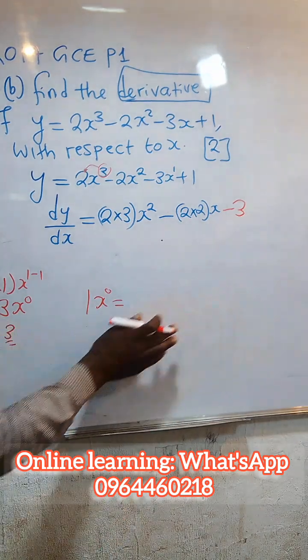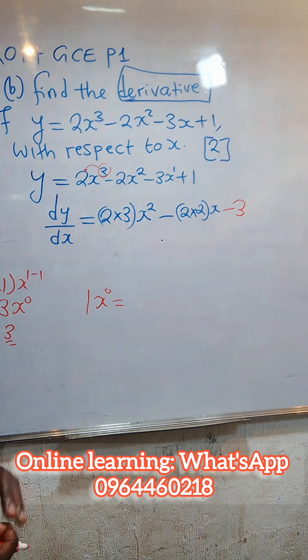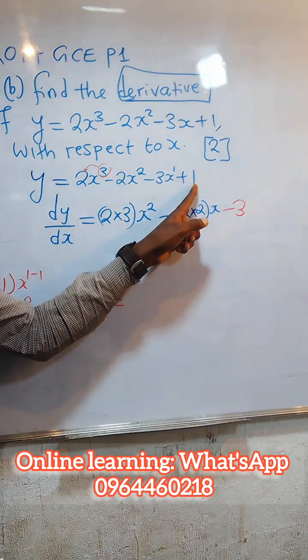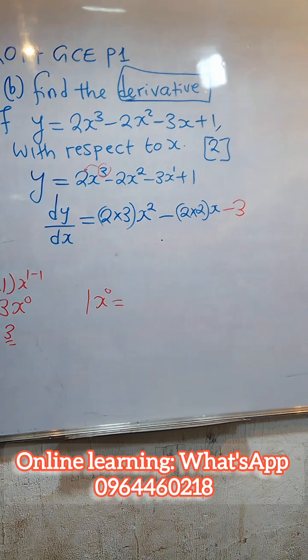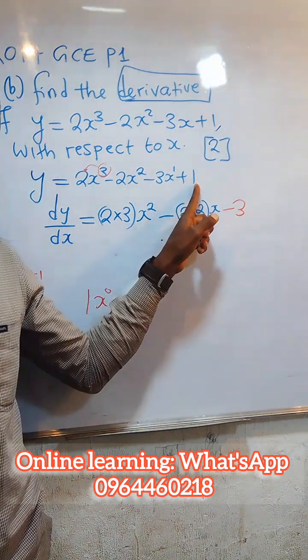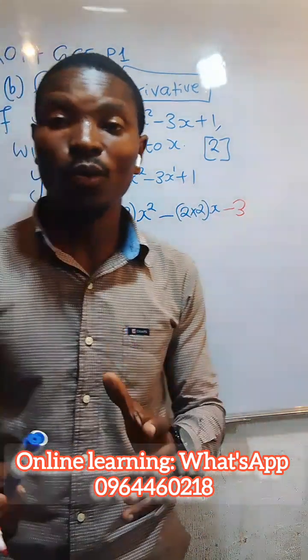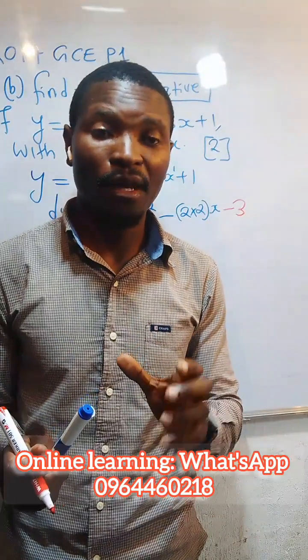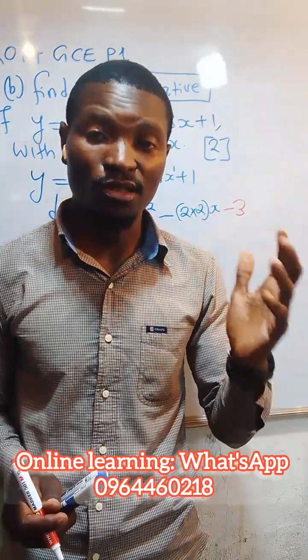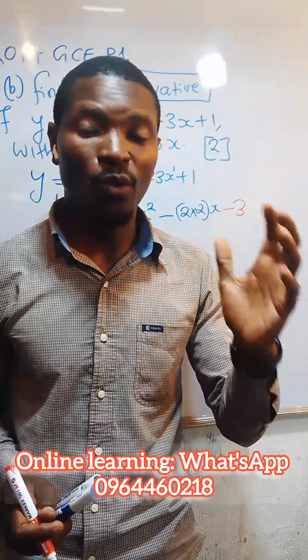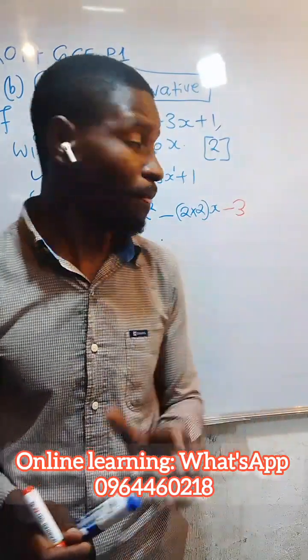Now you have to understand that the derivative of a constant number is always equal to 0, and this is the reason why that equals 0.